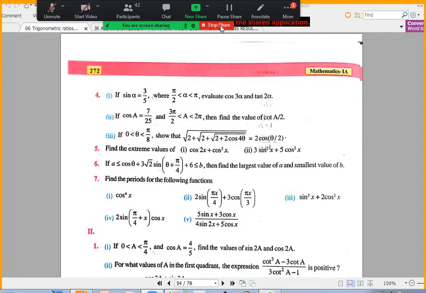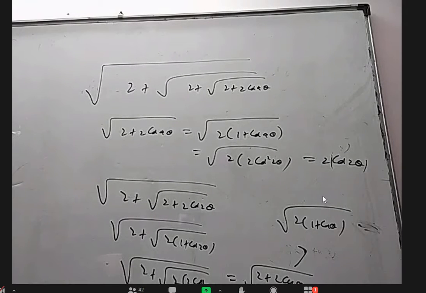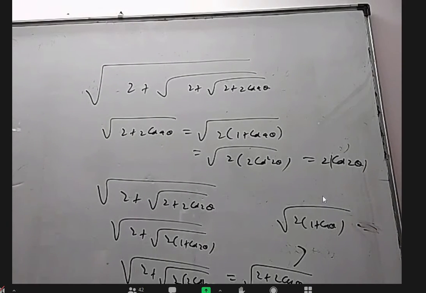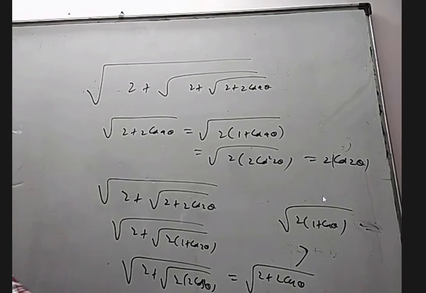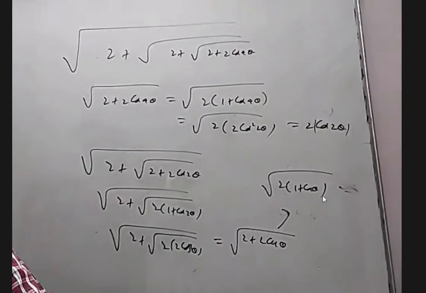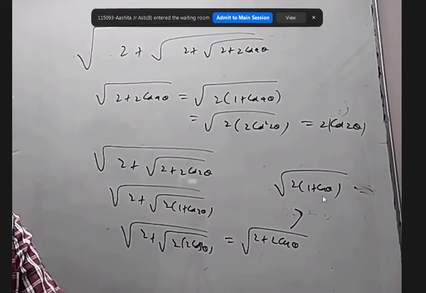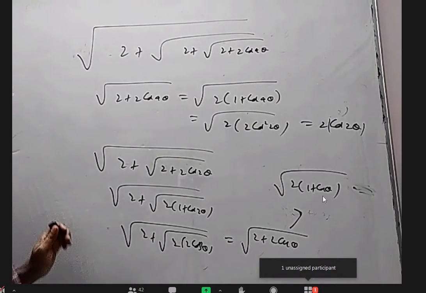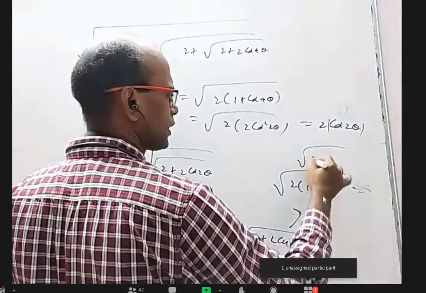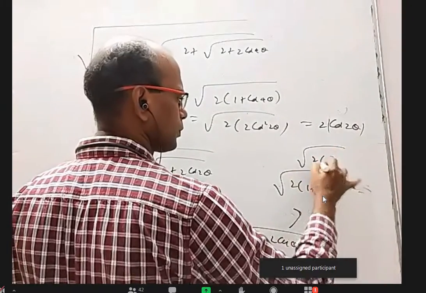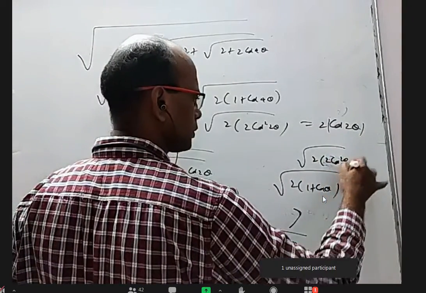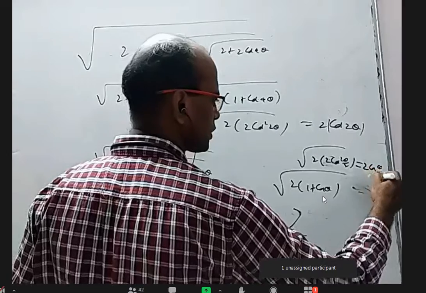Yeah, everything is fine. Okay, so this 1 plus cos theta, you can write 2 cos square theta by 2. And that will become 2 cos theta by 2.